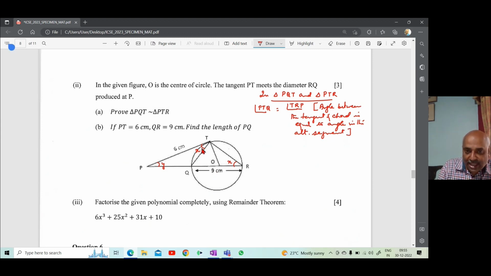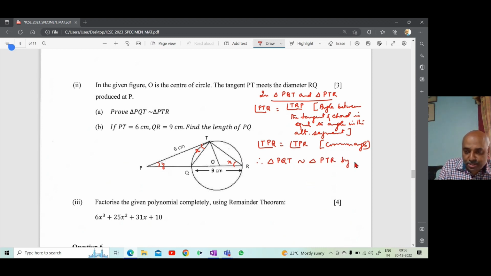So I'm saying this angle is equal to this angle. And then the next one is angle TPQ is equal to angle TPR. This is because it's a common angle. Therefore, triangle PQT is similar to triangle PTR.